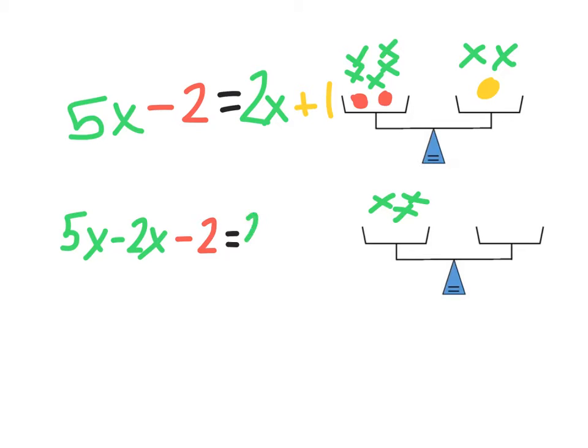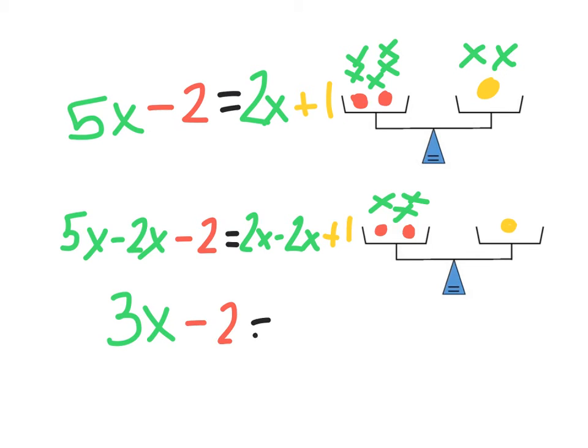I did 2x minus 2x on this side, and the plus 1 is still there. So then I still have my minus 2 here and my plus 1 here. So now this equation is simplified to 3x minus 2 is equal to 1.